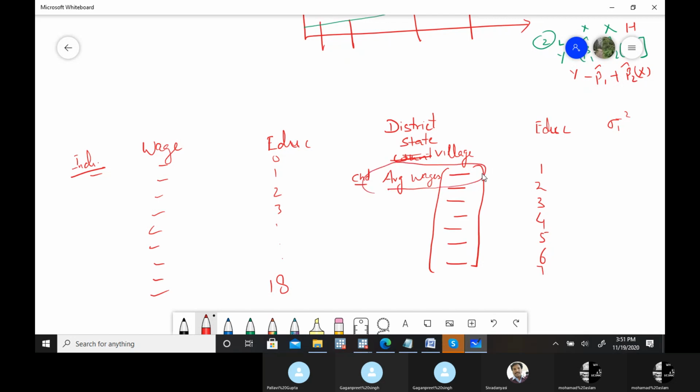How much is the variation in wages in Chandigarh? Then for Punjab. So this is the case where sigma i square is known. You got this point? That when we have this case, then we can say this sigma i square is known.